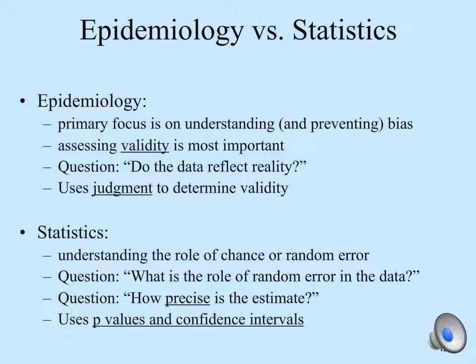Whereas I think that the role of statistics has been pretty well defined, the role of probability. We ask in statistics, what is the role of random error in the data and how precise is the estimate? So we use p-values and confidence intervals in order to estimate the effect.